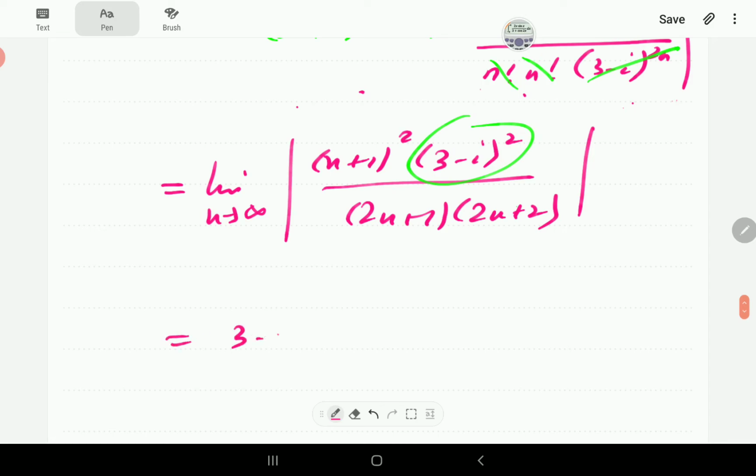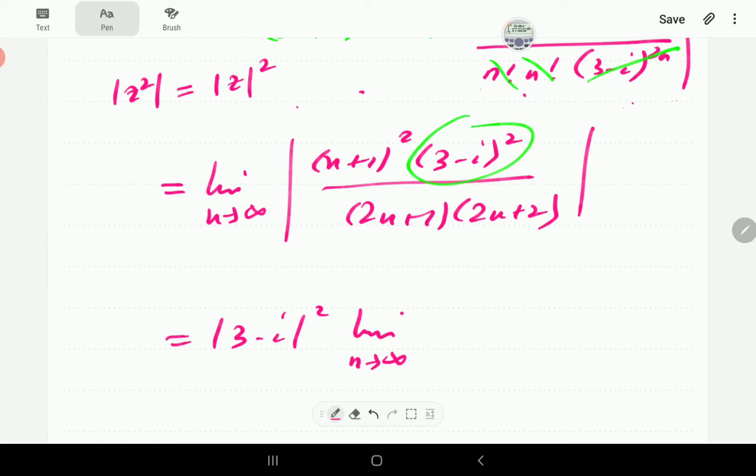So it's just going to be the magnitude of (3 minus i) squared, because by the property of complex numbers, the magnitude of z squared is the same as the magnitude of z, and then squared.